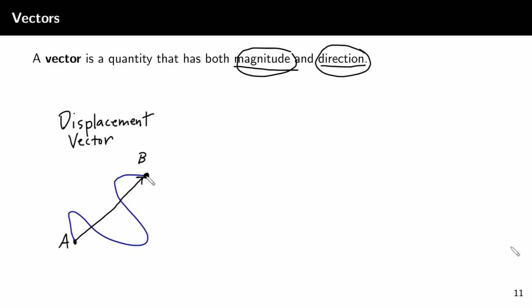Okay? So why is this a vector? Well, meron siyang magnitude and direction in the first place. Okay? Now, if you started from A to B and then you walked to another point C, okay, pero yung distance from A to C is equal to the distance from A to B. So, halimbawa, ito yung nilakad mo.